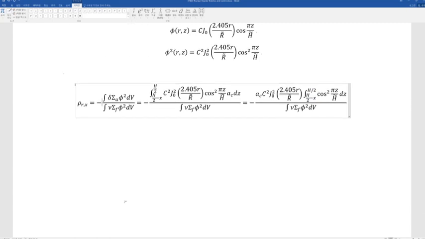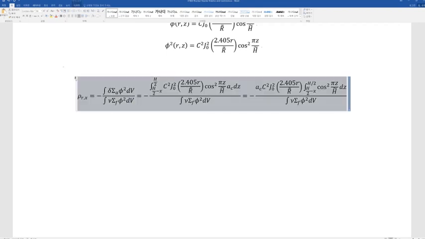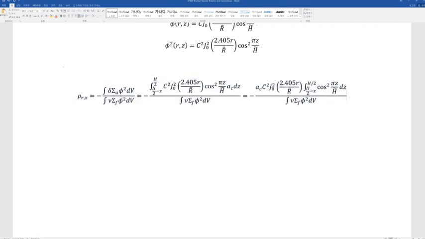So in this case, instead of actually calculating this in a similar manner, we will be able to calculate RH.